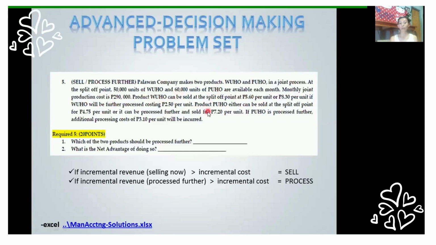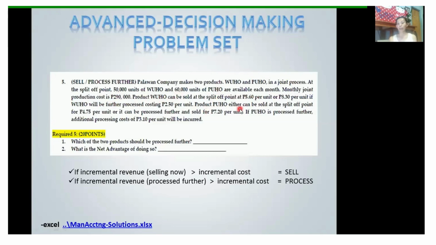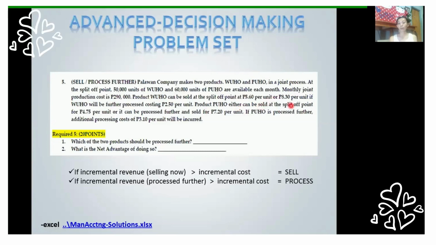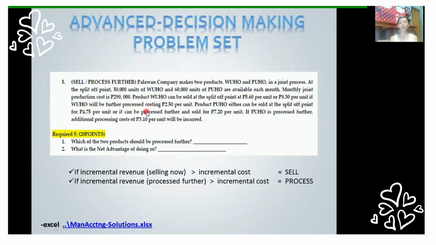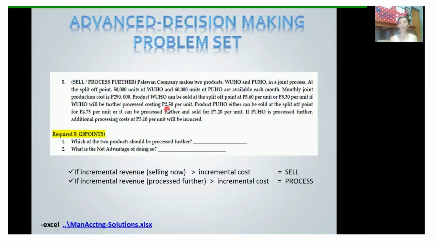Product Huhu can be sold at the split-off point for 5 pesos and 60 centavos per unit, or 8 pesos and 30 centavos per unit if further processed, costing 2 pesos and 50 centavos per unit.